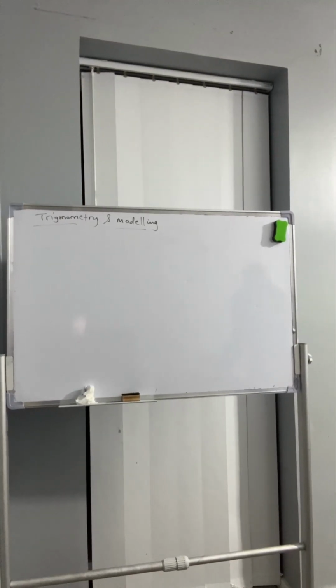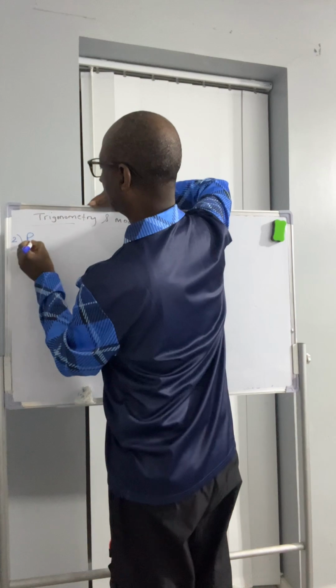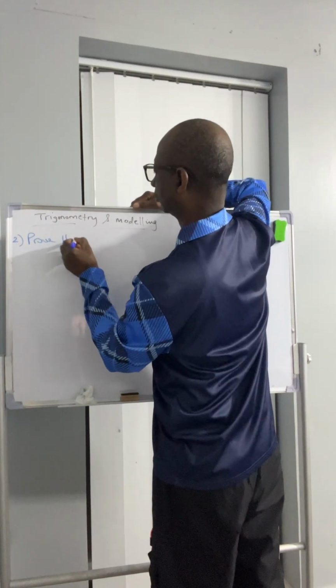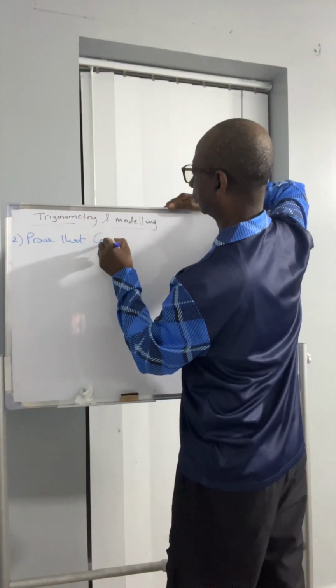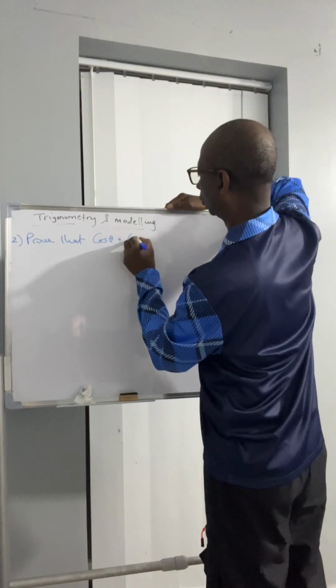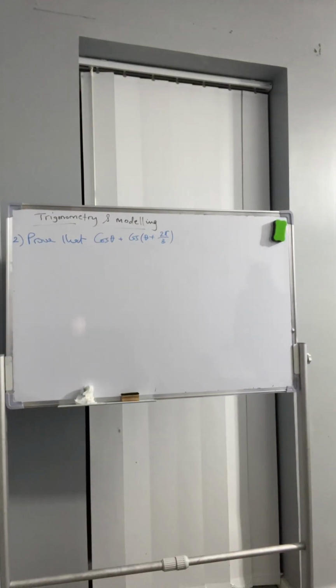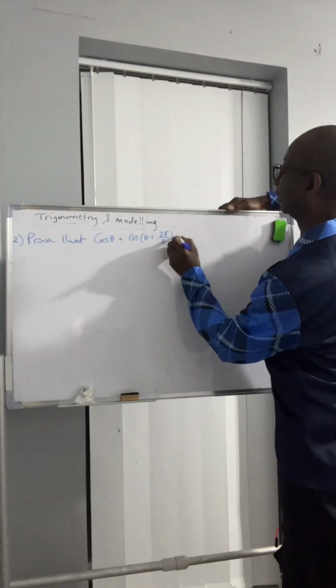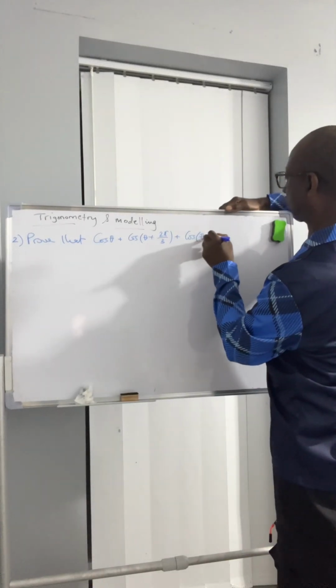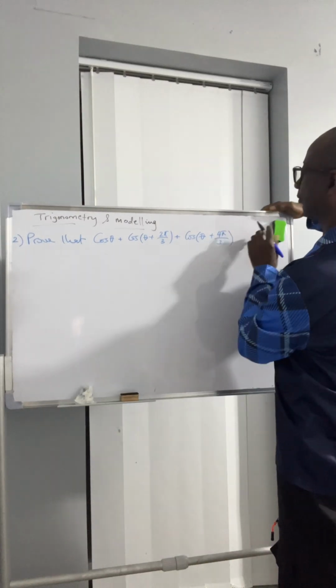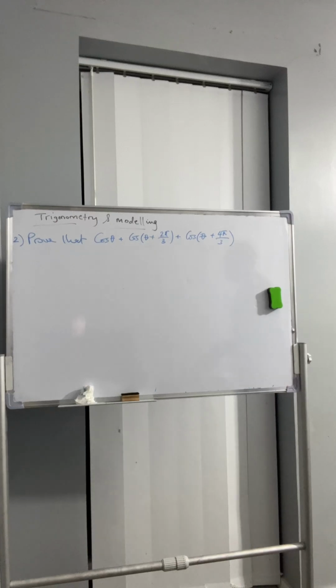It says, prove that cos theta plus cos of theta plus 2 pi over 3 plus cos of theta plus 4 pi over 3 is equal to 0.